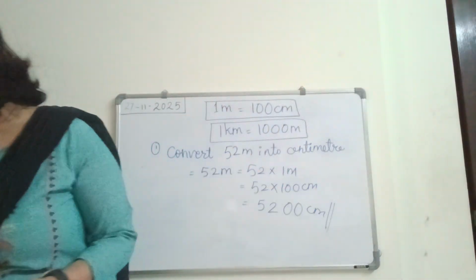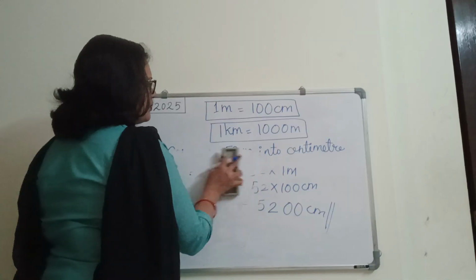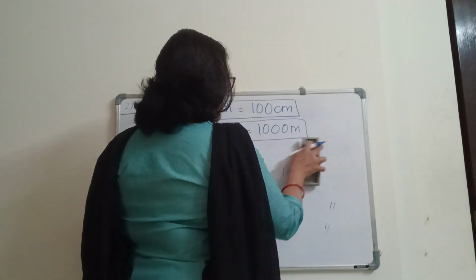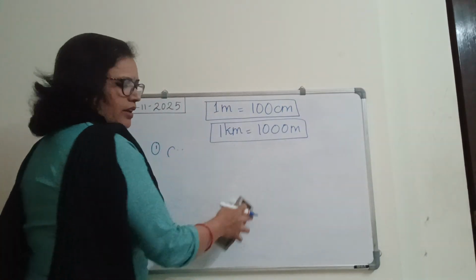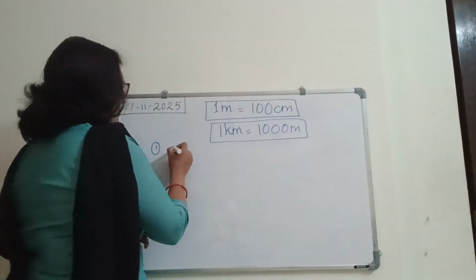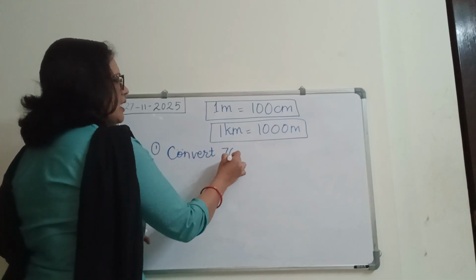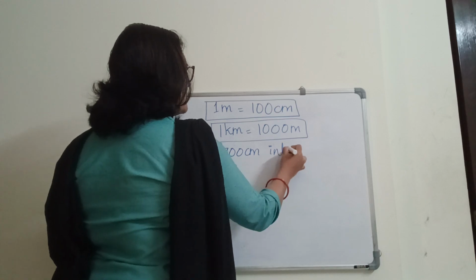Now we move ahead. If the centimeter is given, how to convert into meter? Let's see now. Convert 700 centimeter into meter.